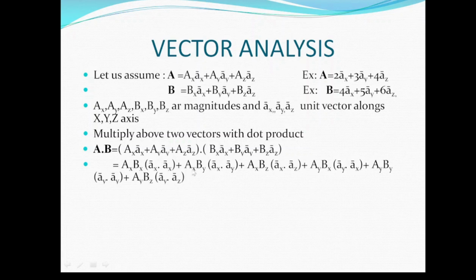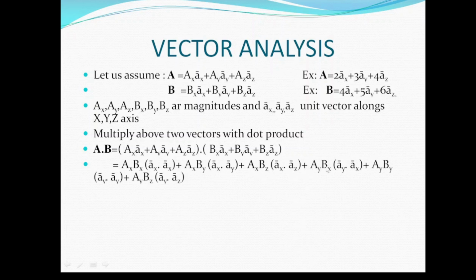In the same way, the first term into the second term, that is Ax into By. Along with these magnitudes, multiply the unit vectors ax dot ay. In the same way, the first term into the third term.